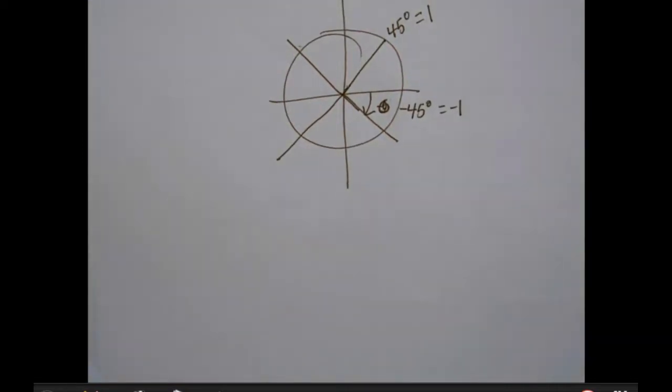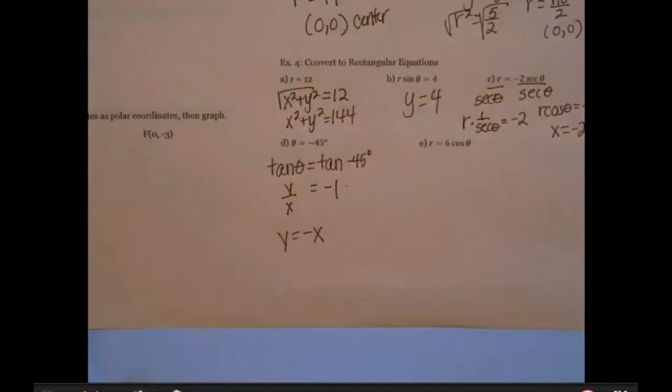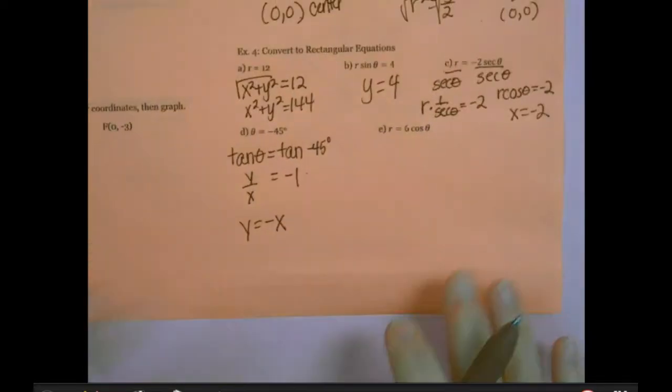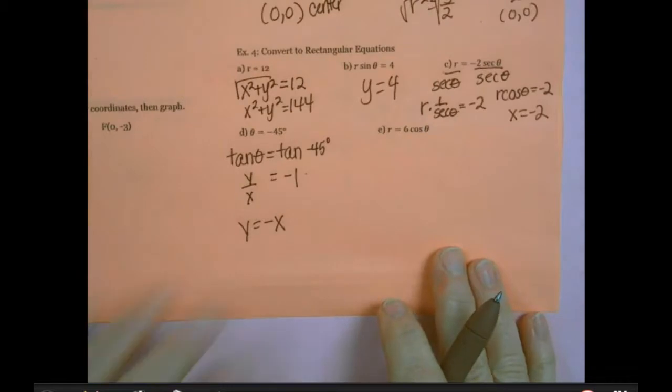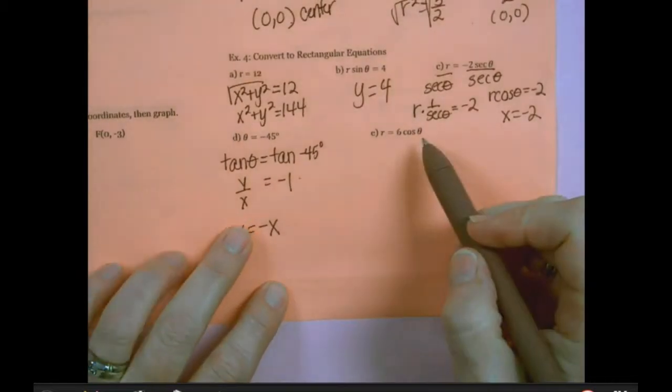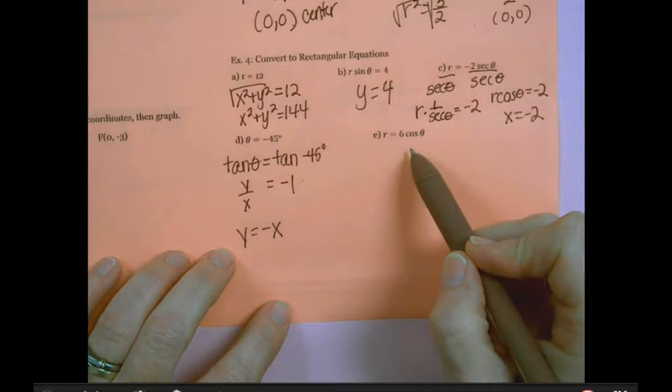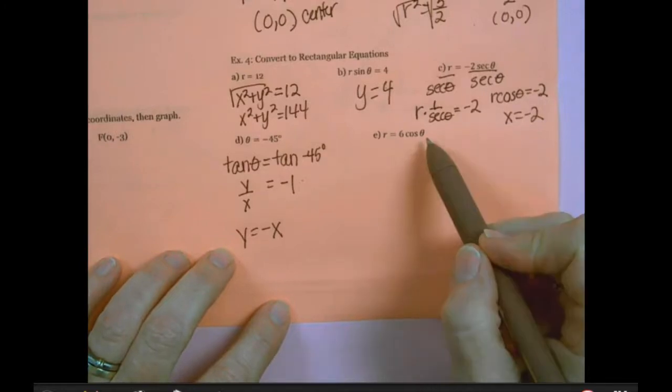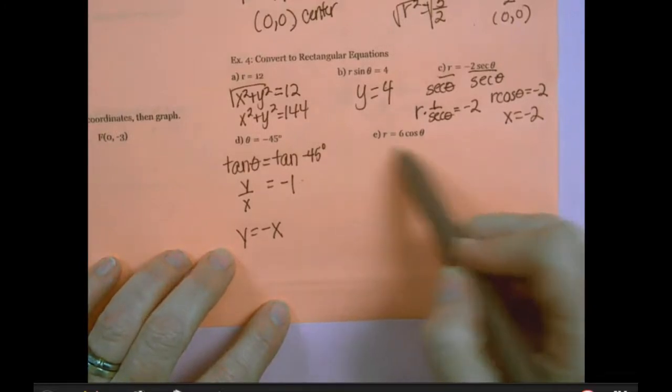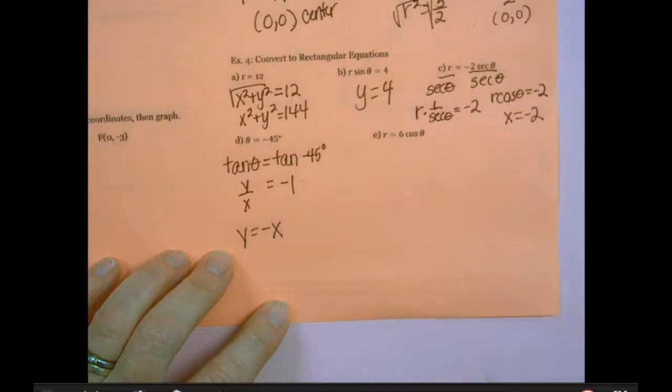Okay, so here's the last one that I'm going to show you. And the last one is where the center is not at 0, 0. And we're going to have to complete the square on this one. Okay, so watch. It is going to be a circle. So here's what I'm going to do.